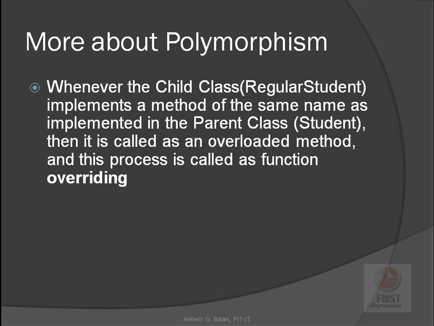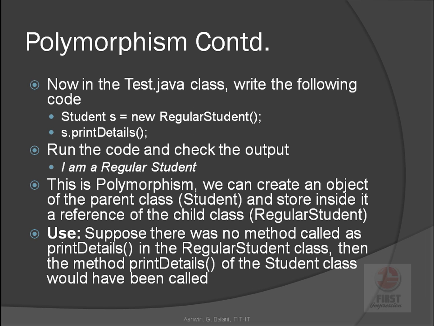So whenever the child class implements a method of the same name as in the parent class, this process is called function overriding. Okay, let's come back to our class again.